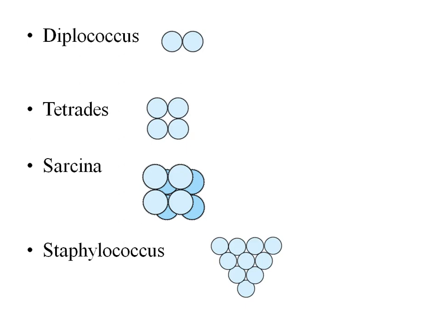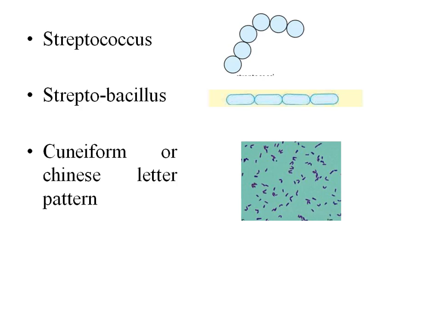If they are in 4, they are called tetrads. If they are a cluster of 8, they are called sarcina. And if they are in irregular structures like a bunch of grapes, it's called staphylococcus. If the same cocci are arranged in chains, they are called streptococcus.